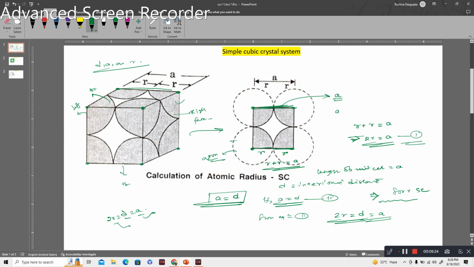We have considered this as the atom, so the radius of the atom is R here.